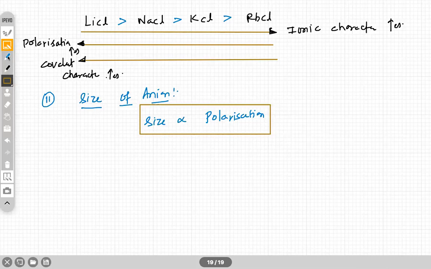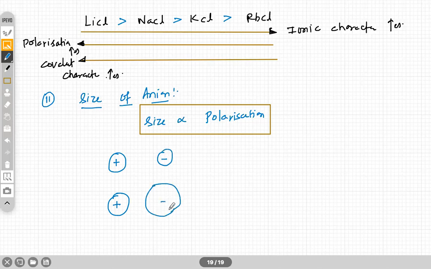Why this relation we have? Because you see we have two positive charge ions of the same size, assume the same size, and we have two anions here. One is this, another one is this. So obviously you see the bigger anion has the lesser distance, and hence more will be the electrostatic attraction pull.